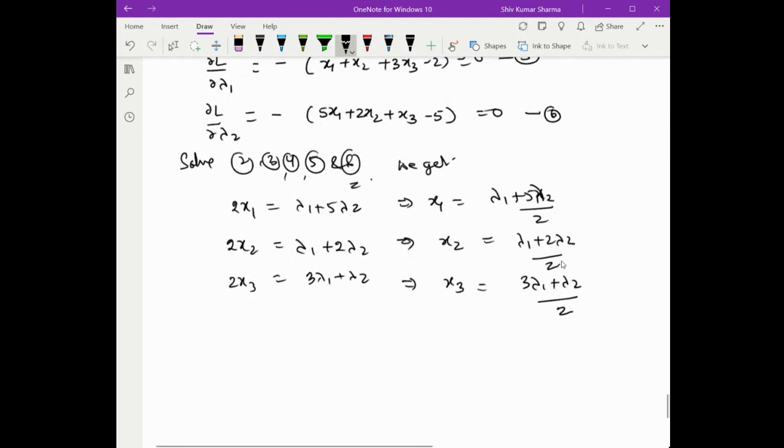So these values we can put in equation number 5. When we put these values in 5, we write as lambda 1... 5 is x1 plus x2 plus 3x3 is equal to 2.